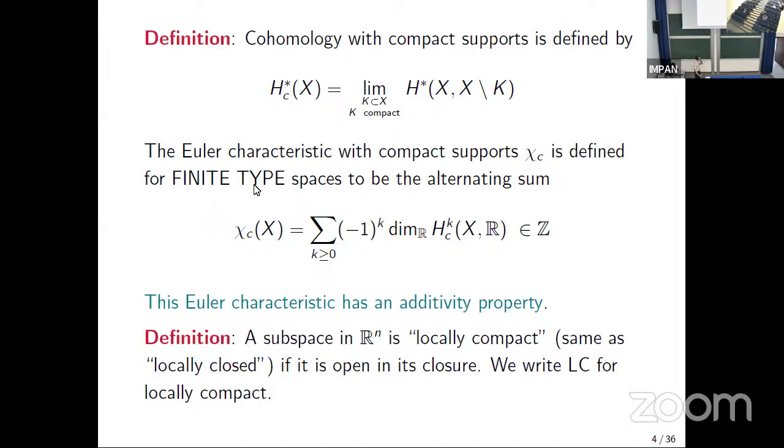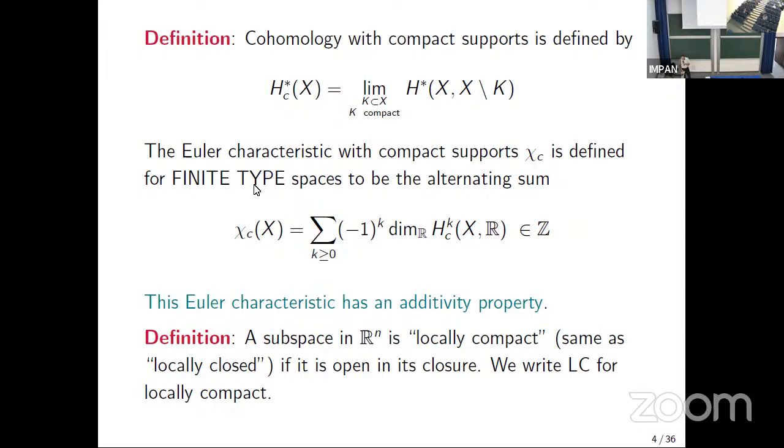So I want to introduce a topological property which I'll be using all over the place. It has become so essential, and I never expected it to be this essential: local compactness. We're working in R^n, so everything is nice and Hausdorff. So locally compact or locally closed are the same thing.